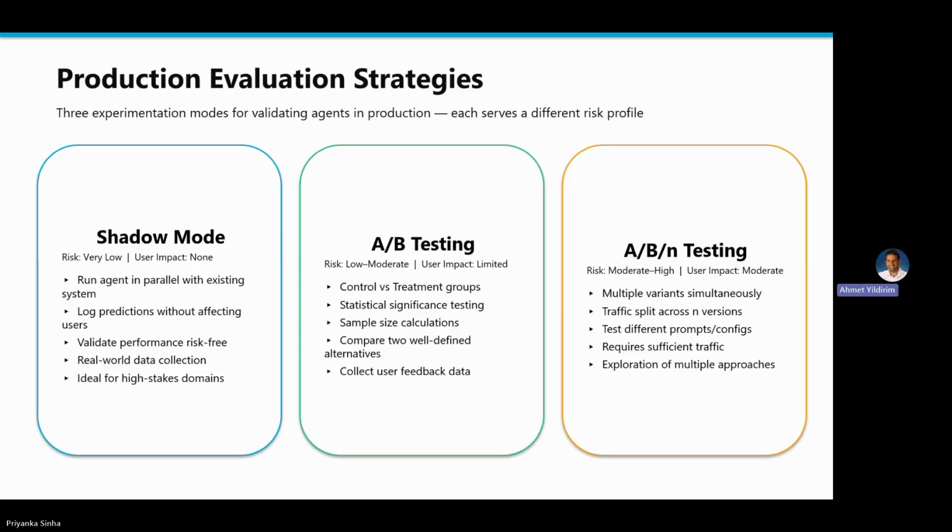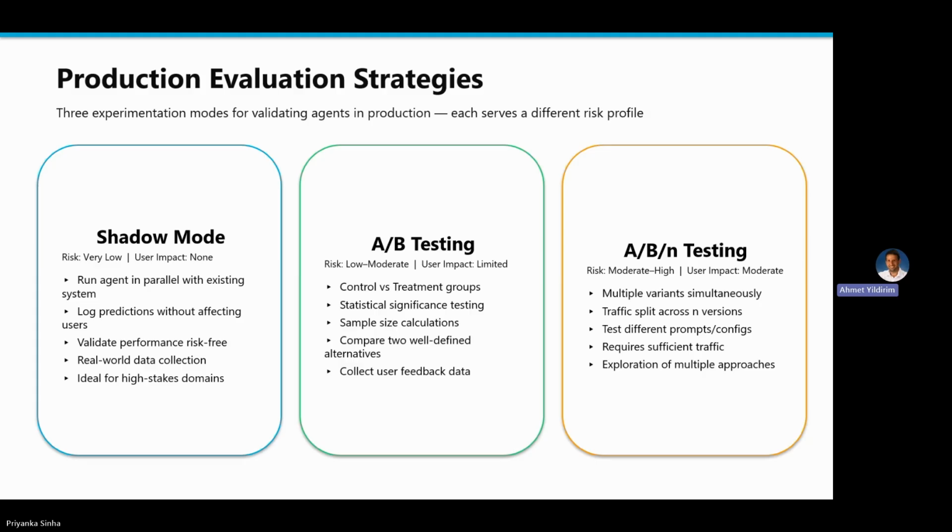So this slide gives us a side-by-side comparison of three production experimentation modes: shadow mode, A/B testing, and A/B/N testing. Shadow mode, let's start with it, has very low risk and zero user impact. The agent runs in parallel and logs predictions without affecting anyone.